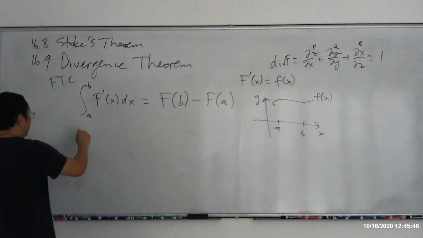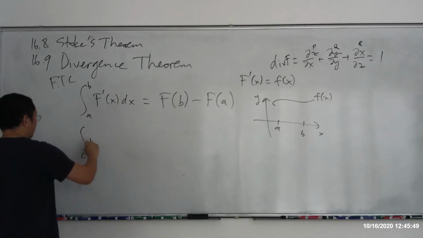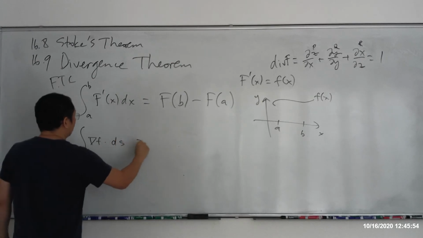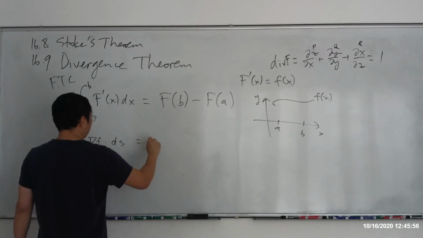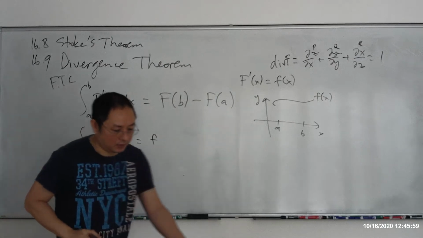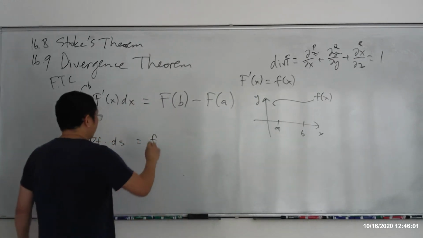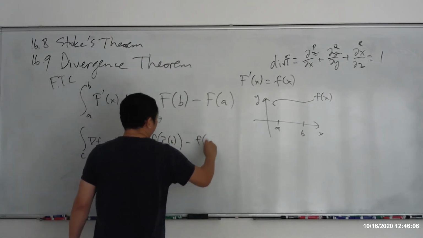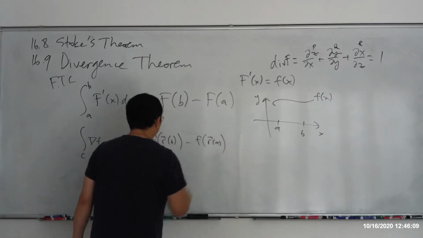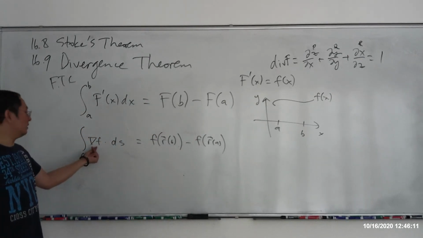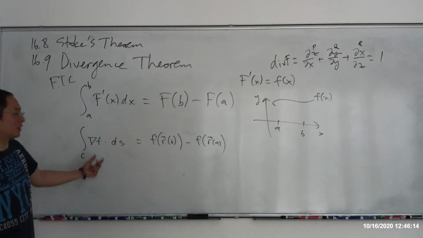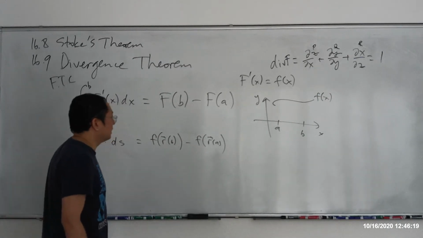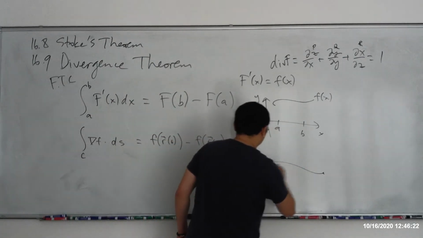We have the integral on the curve C of the gradient of f, it's like a derivative, times dr, equal to f of r(b) minus f of r(a). This is called a gradient of the vector f, a conservative thing.